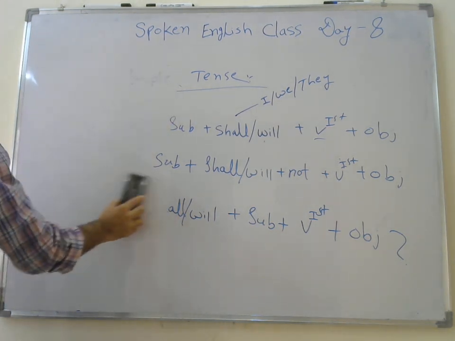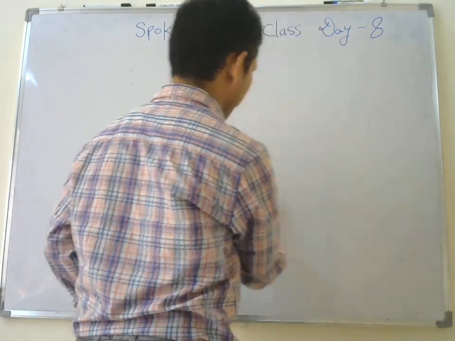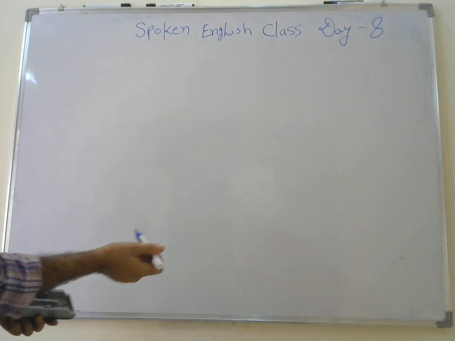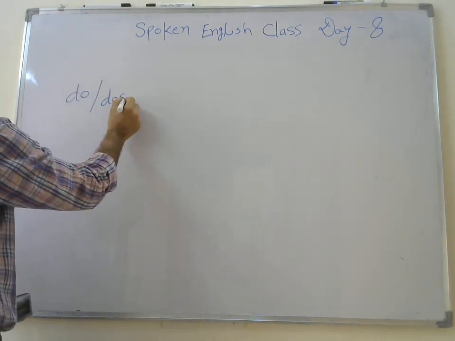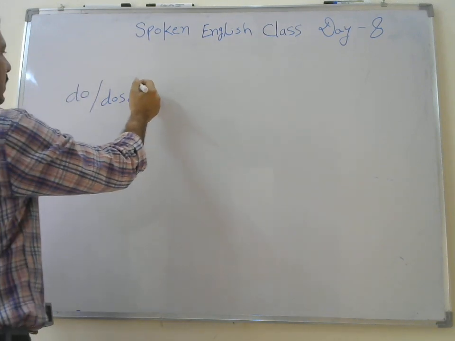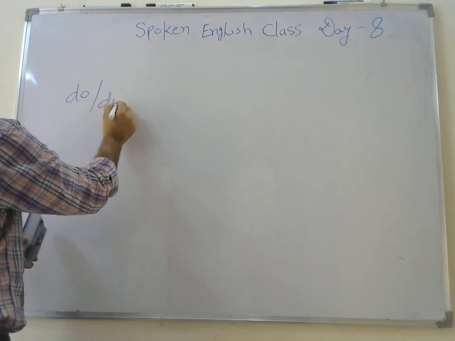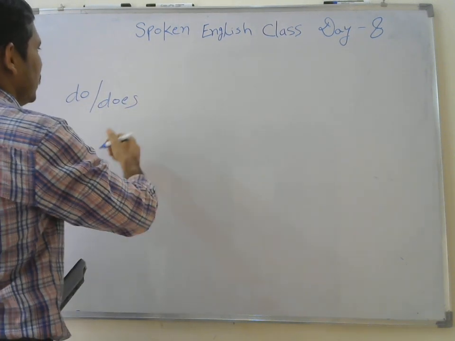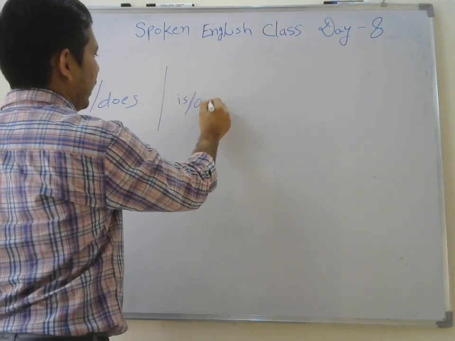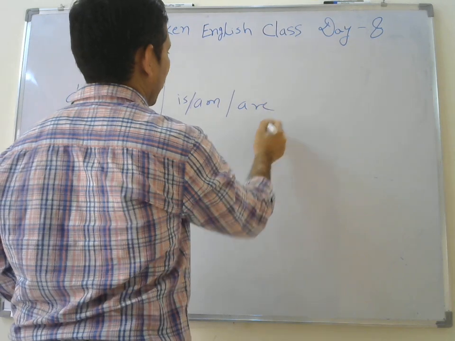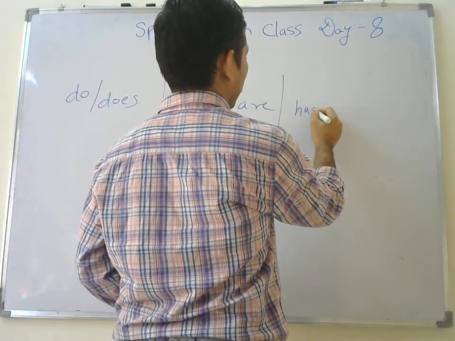Let me erase this one. Okay, friend, and then we will list out the helping verbs we have completed till now. Don't get confused, just remember: do or does, the helping verbs you use in the present. Do or does, not do's. Then is, am, are, and then have, has.